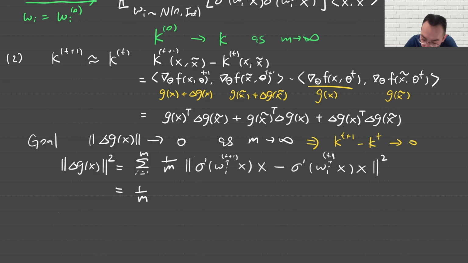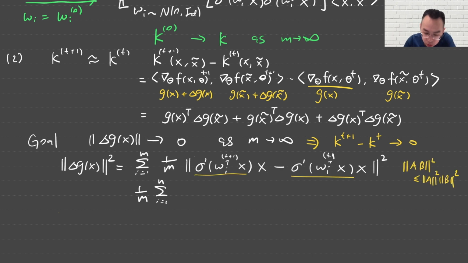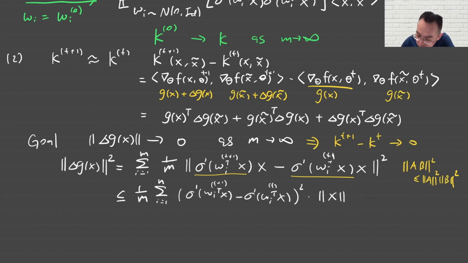So we have 1 over m summation, and so it means that this is smaller or equal to, we can just square this, sigma prime at step t plus 1 minus sigma prime at step t, of x, we square this, times the norm of x, right? So that goes to 1, we assume this to be 1. Okay.